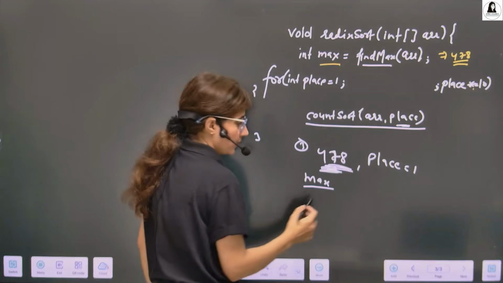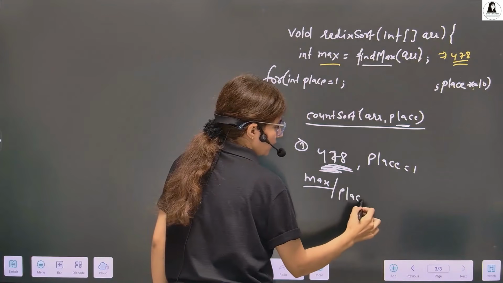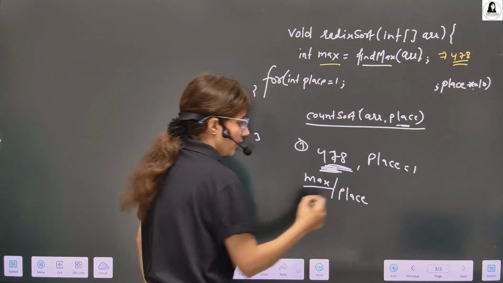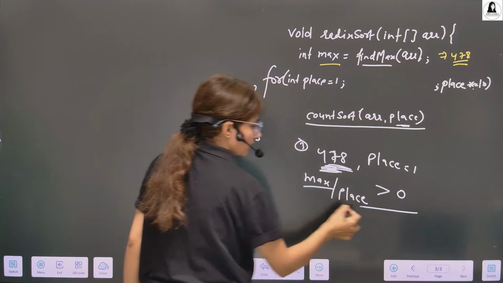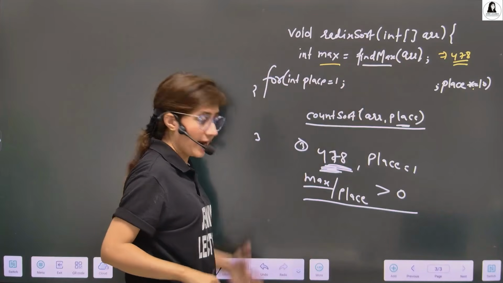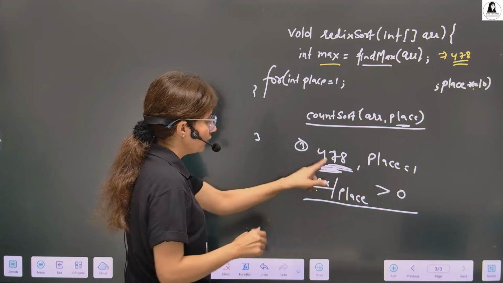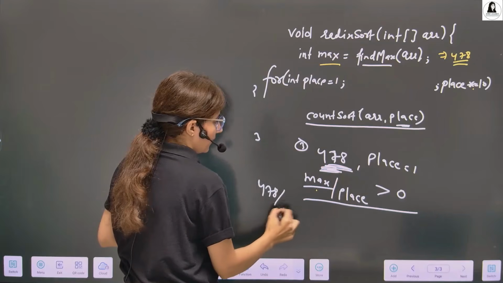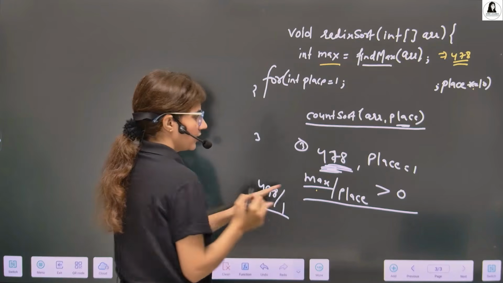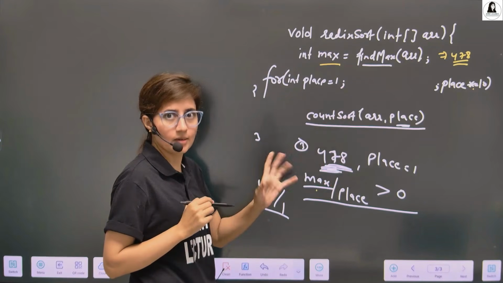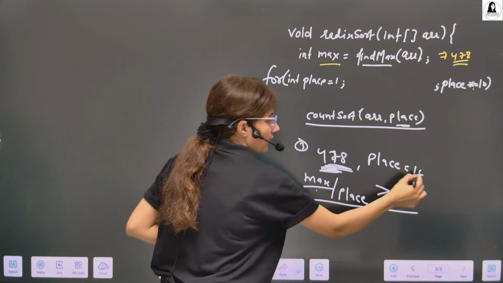is 478, divide by the place value; if it's greater than 0, till then run this loop. At first place is 1, max value is 478. Place value is 1. Is it greater than 0? Yes, so we enter here. Next time place value becomes 10.